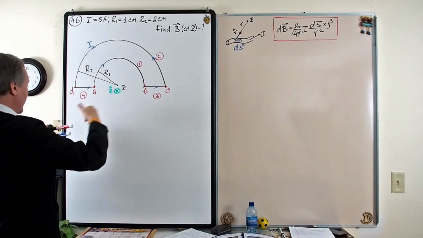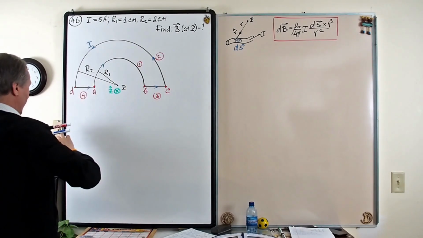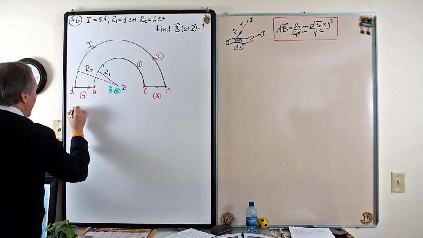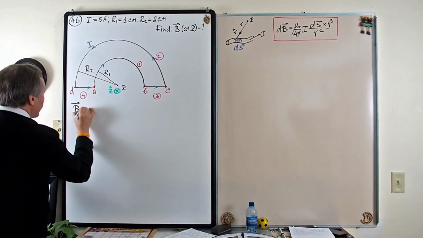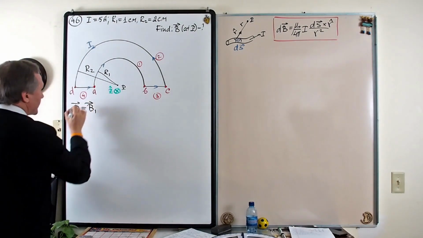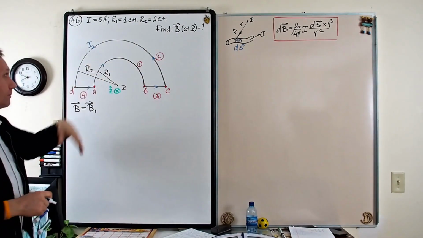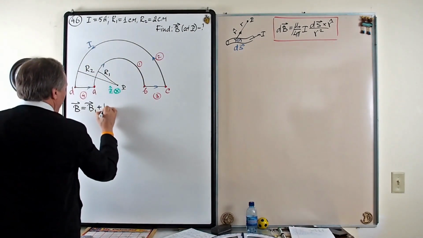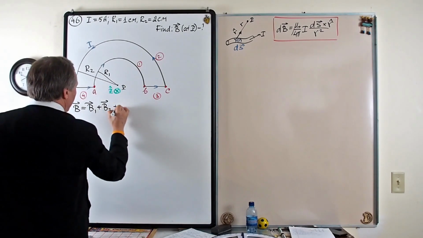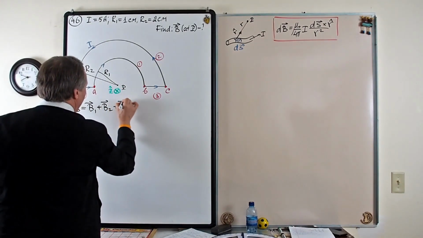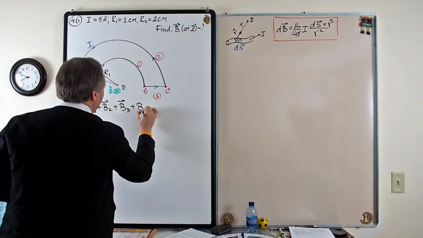We have 4 components of the magnetic field. So I can write B equals B1, the contribution to the magnetic field at this point from the first section, plus B2 plus B3 plus B4.